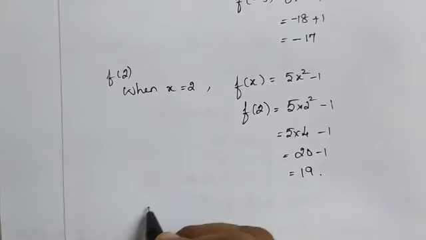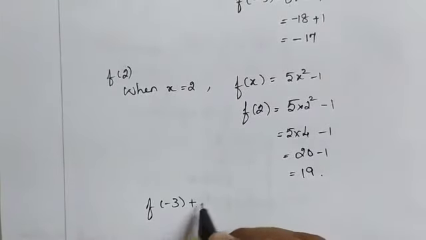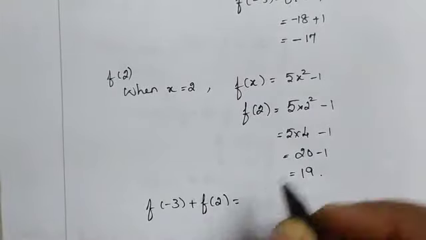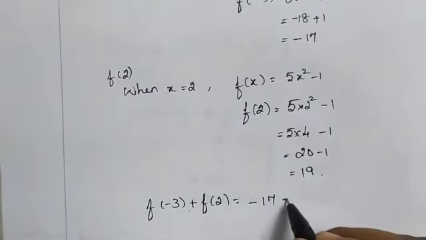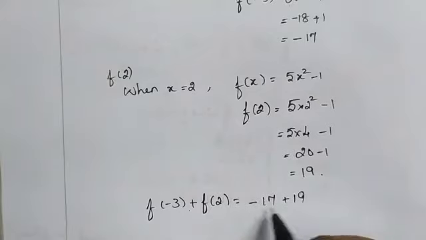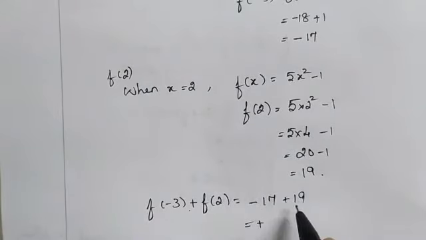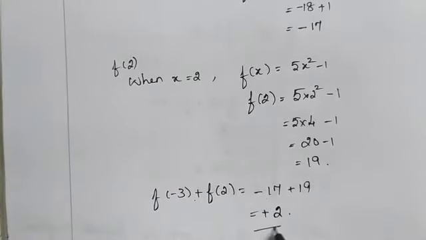Now f of minus 3 plus f of 2 is equal to minus 17 plus 19. Different sign, write the biggest number sign and subtract. 19 minus 17 is 2. This is the first part.